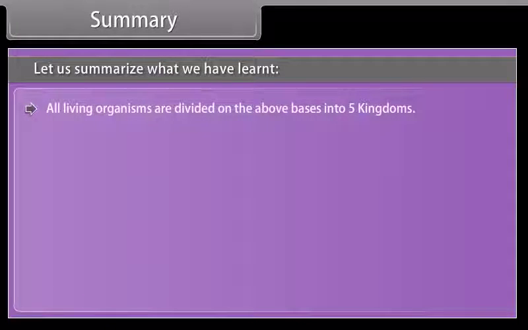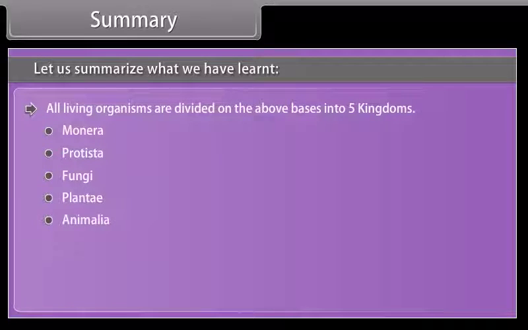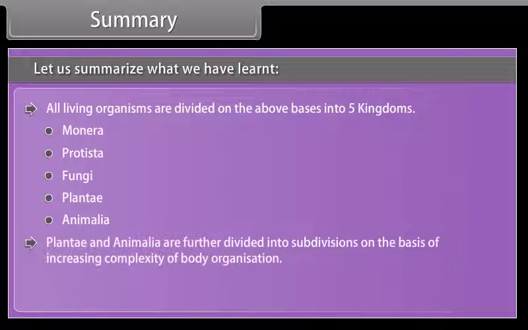All living organisms are divided on the above basis into five kingdoms: Monera, Protista, Fungi, Plantae, and Animalia. Plantae and Animalia are further divided into subdivisions on the basis of increasing complexity of body organization.